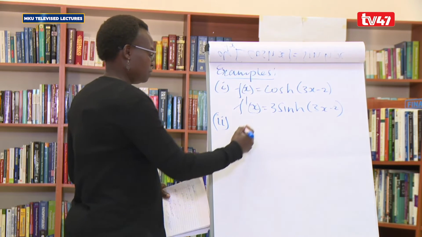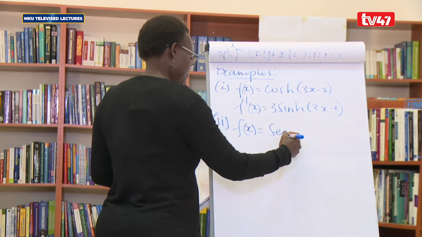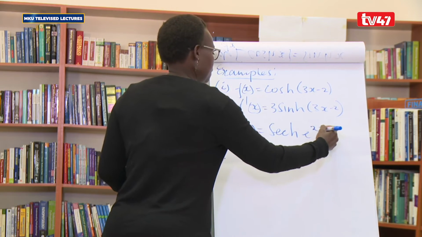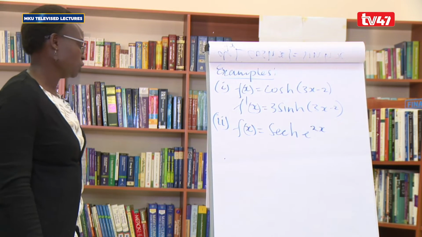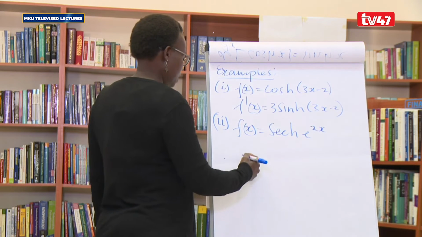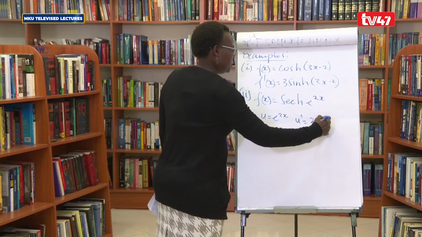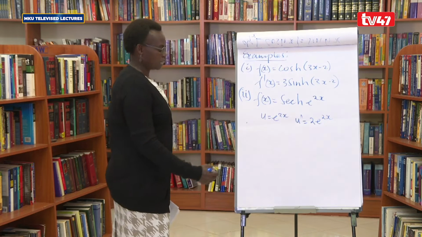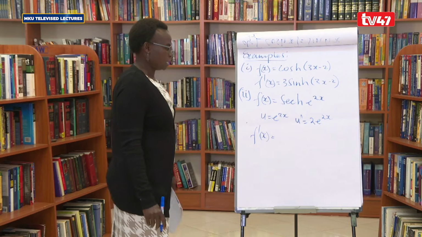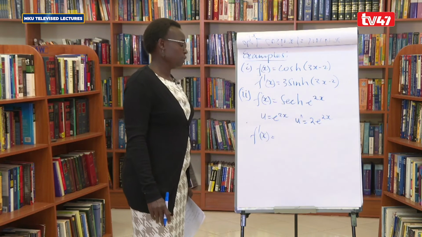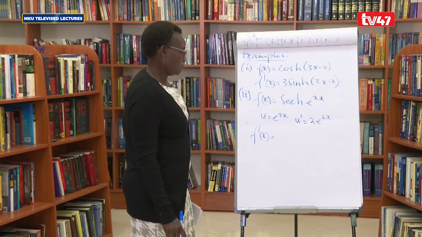And then the second example we have f of x as being equal to sec hyperbolic e to the 2x. So our u here is the exponential function e to the 2x. So u is this, u bar is going to be 2e to the 2x. So then our derivative, we know that the derivative of sec hyperbolic u is negative sec hyperbolic u, tan hyperbolic u, and then u bar.